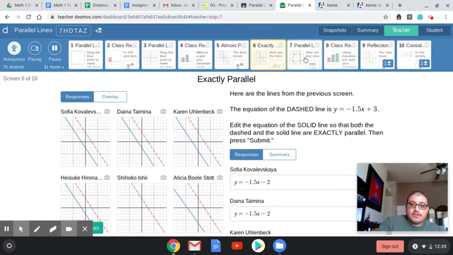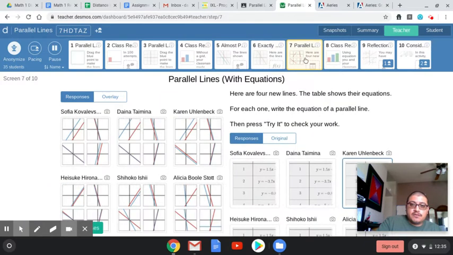All right, so the next section deals with different equations and making the lines parallel. I'm going to basically click on individual answers. So let's see.